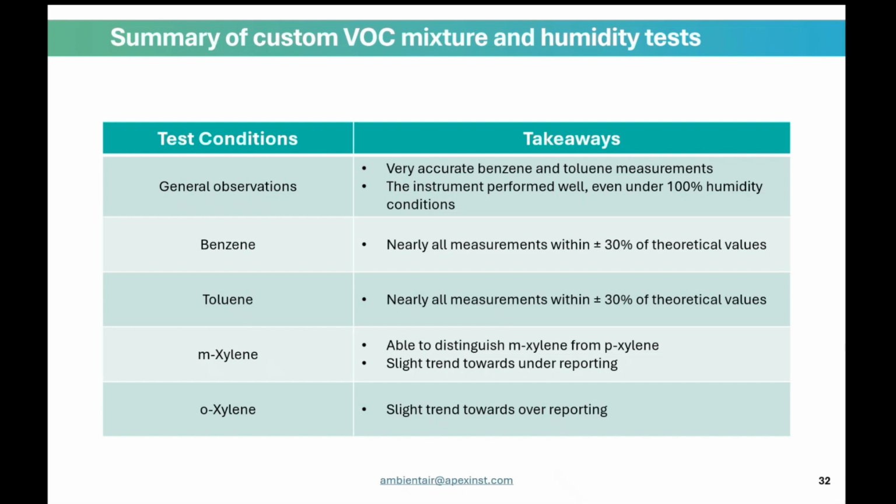We observed that M and O xylene could clearly be measured separately from P xylene or other VOCs, while M xylene was often slightly underreported, again due to its combined listing with the P xylene, and that O xylene had a trend towards being slightly overreported.